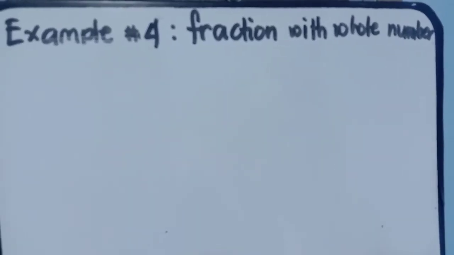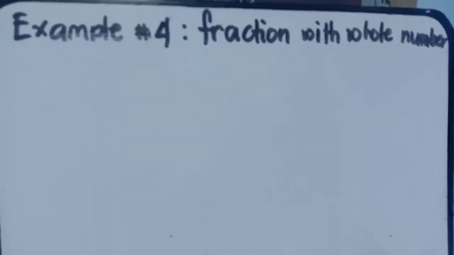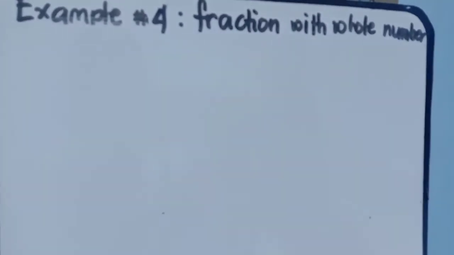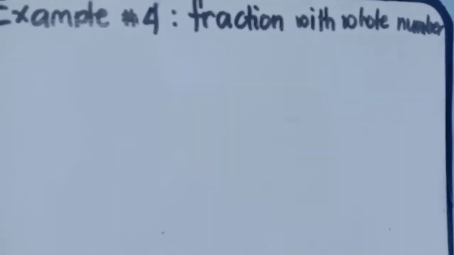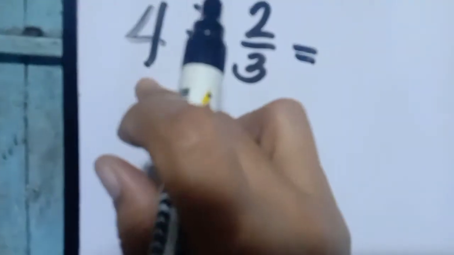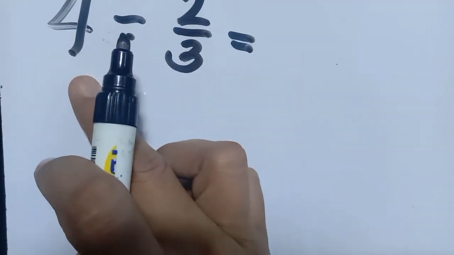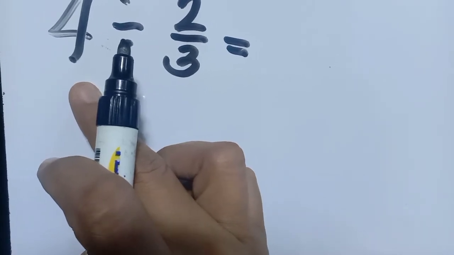Example number 4 is fraction with whole number. Okay, paano ba natin i-divide ang whole number sa fraction? Okay, for example, we have 4 divided by 2/3. Okay, now, ang ating whole number na 4 ay isusulat natin into fraction.